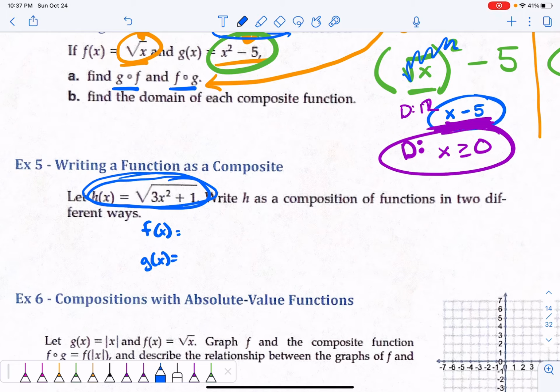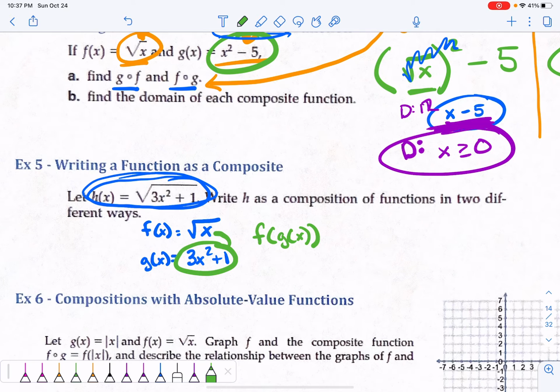Let's start with this one, which is the obvious one. Let's say f of x is the square root of x, because that's the outside function, and the inside function g of x is 3x squared plus 1. If we then do f composed of g of x, we take g and plug it into that spot, and we end up with this function, right?